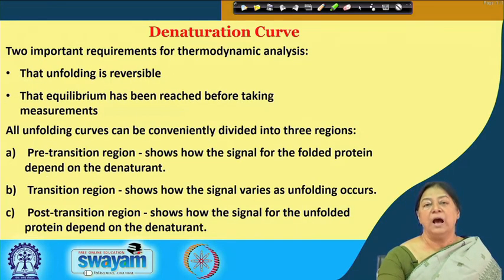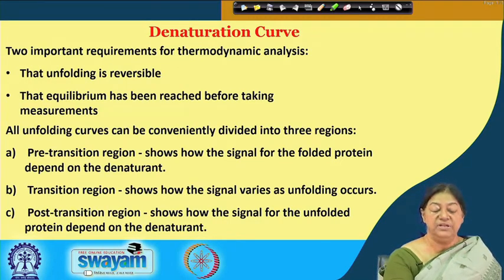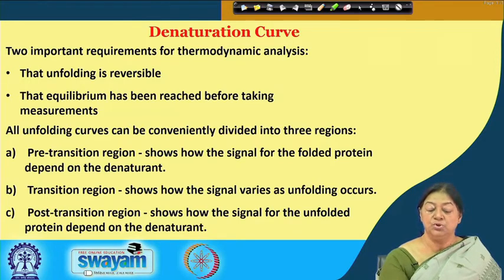So, when we look at how to analyze this, we look at what is called a denaturation curve. The unfolding curves have a pre-transition region that shows the signal for the folded protein. Then we increase the denaturant. What do we mean by a denaturant?